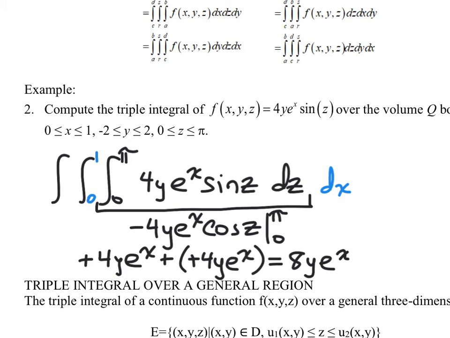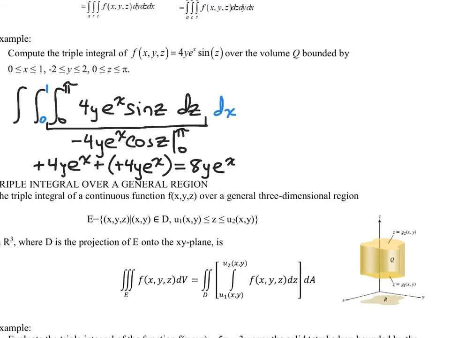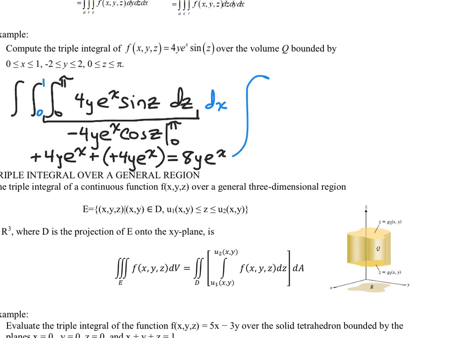All right, so my next step in the process would be to set up an integral going from 0 to 1 of 8y e to the x dx. We're holding 8y constant.